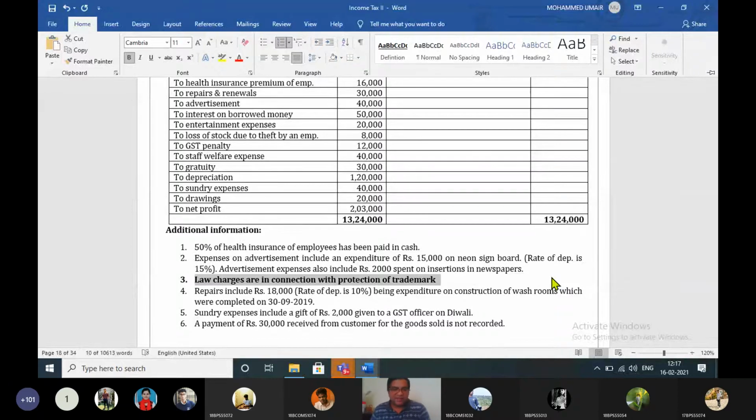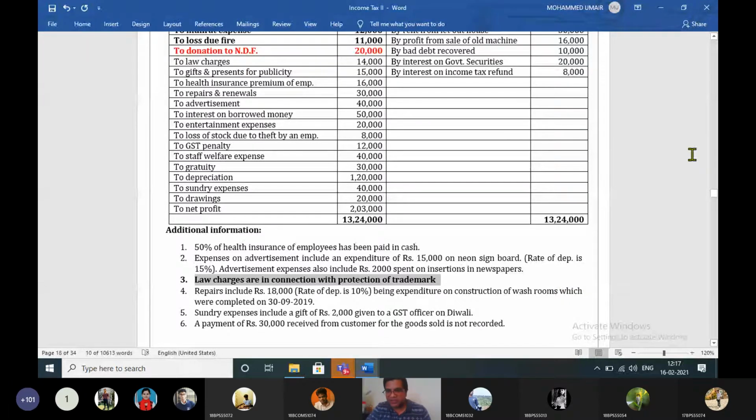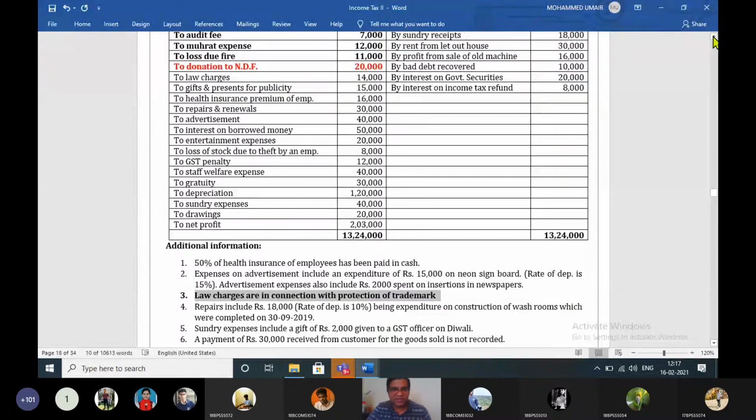So I think some of them have tried misusing this, and the assessee has filed a case. Therefore, the assessee has spent some money on this. As per the question, let's see how much is being spent on law charges. 14,000. So is this 14,000, which is primarily spent on protection of trademark of business, allowed? The answer is yes, because the assessee has spent this for the purpose of business.